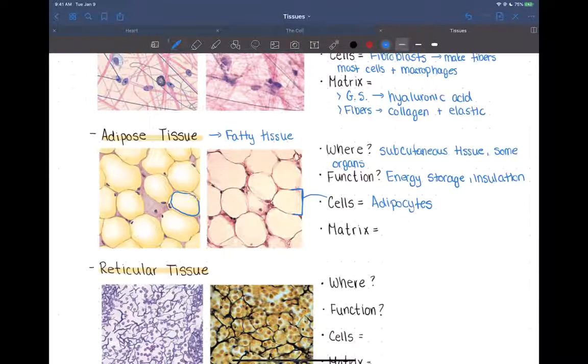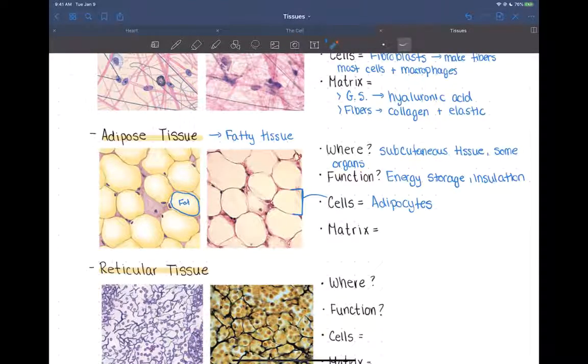That's a big bubble filled with fat on the inside of the cell. It pushes all of the cytoplasm, including the nucleus, way to the edge of the cell, so the nucleus ends up on the edge. You can see that here on the microscope picture, because that giant fat vacuole has filled up the entire cell.